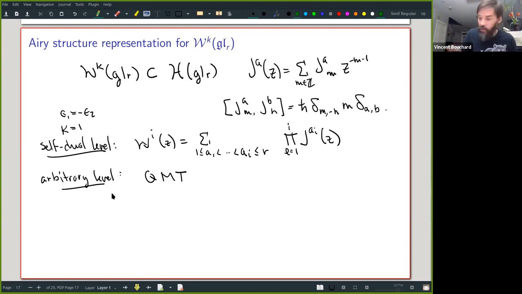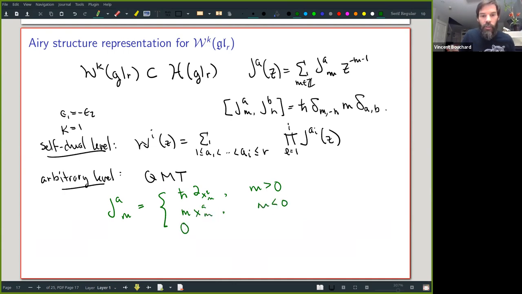And then all you have to do to get an array structure is use a differential representation for your bosonic modes, which is a standard one. You take the positive modes to be h bar times derivatives with respect to the coordinates that we're introducing. The negative modes will just be coordinates times m.